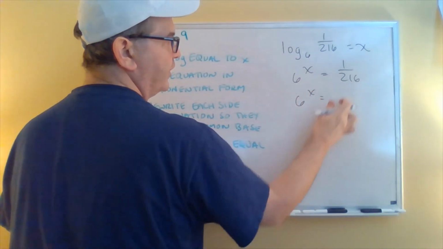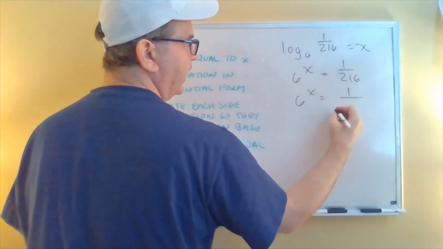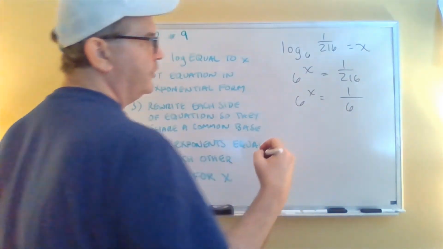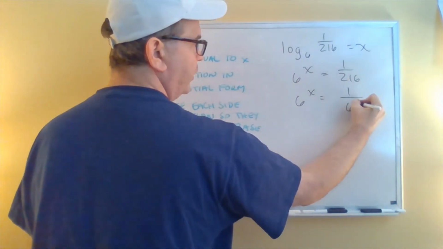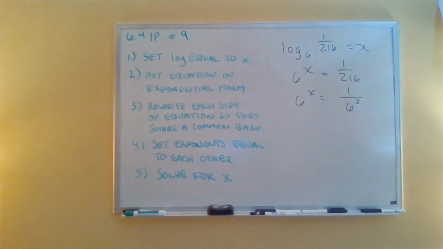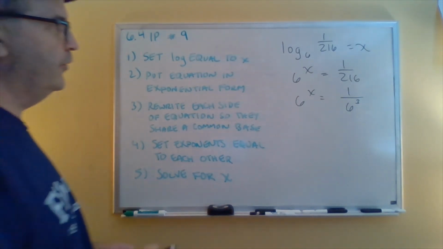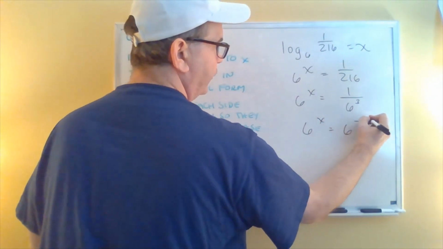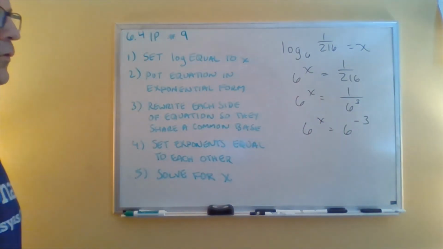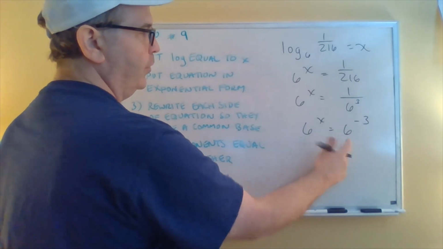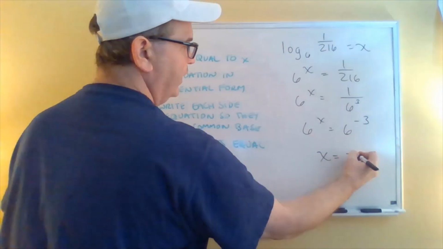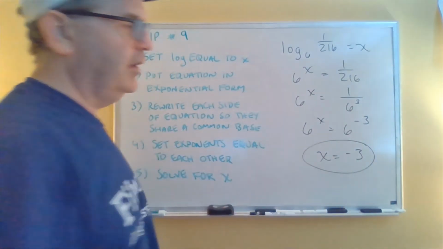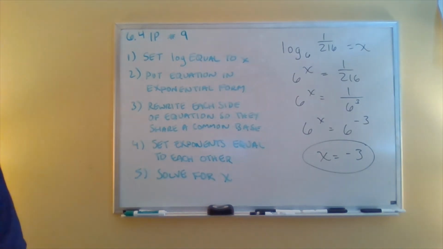If the left side is 6 to the x, we can rewrite our right side as 1 over 6 to the 3rd power. And we're almost there, but we need to bring that 6 to the 3rd power up into the numerator spot. And when we do, we change that positive exponent to a negative, so we get 6 to the -3. Since we share a common base, we can now set the exponents equal to each other, and we end up with x equals -3.